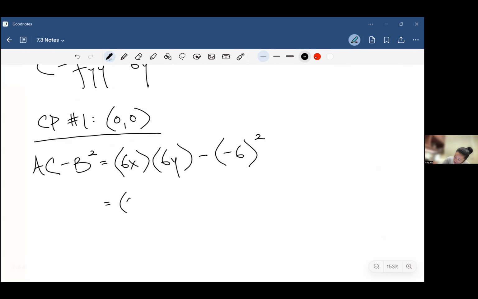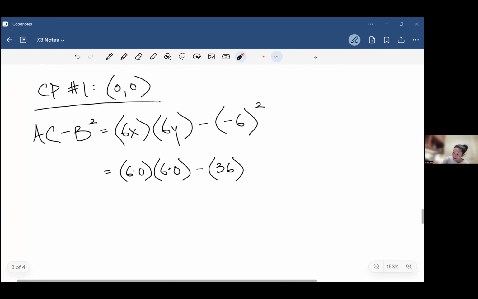So 6 times 0 times 6 times 0, minus, let's be really careful here, negative 6 squared, which gives us 36. So 0 minus 36 is negative 36.